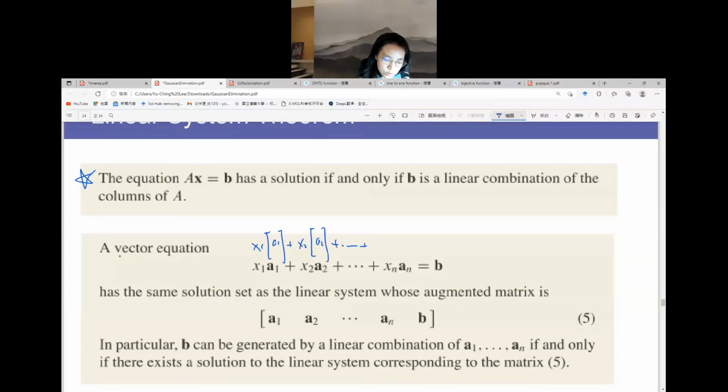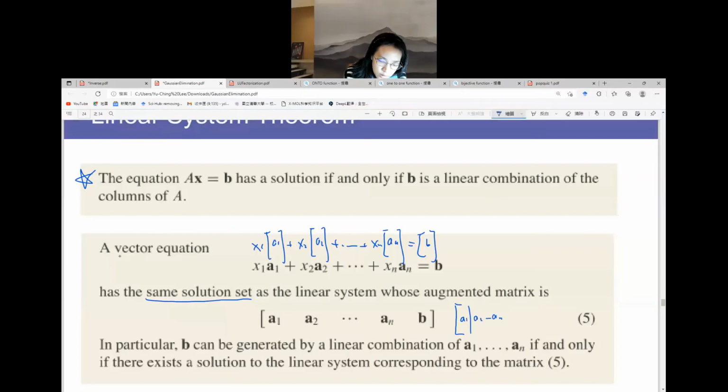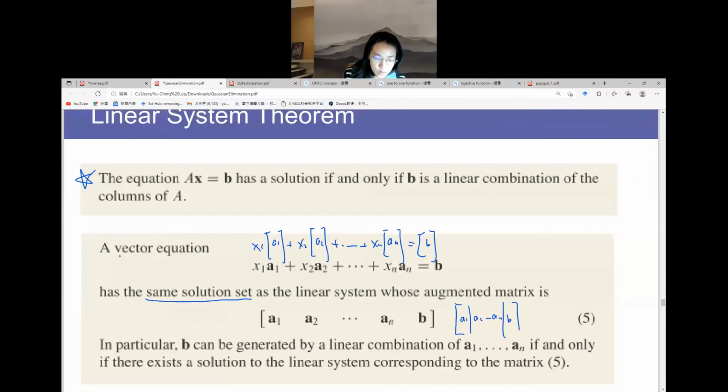Just need to remember that a1 to an are vectors, and also b is a vector. And it has the same solution set as the system whose augmented matrix is a1, a2 to an, and then b, like this.